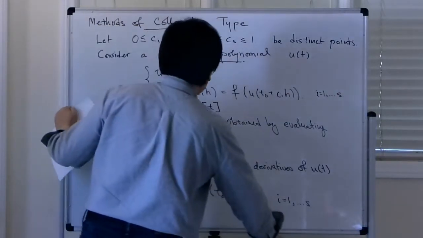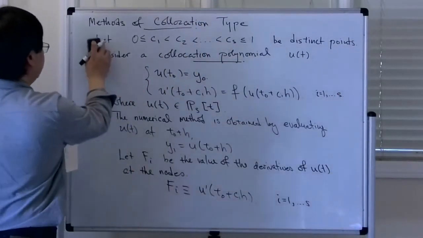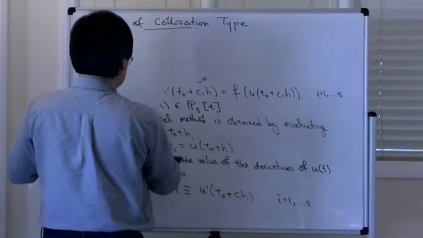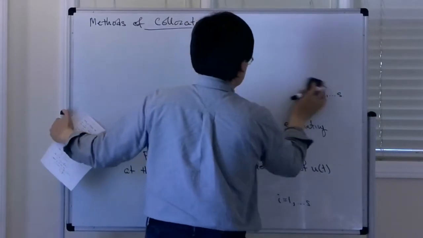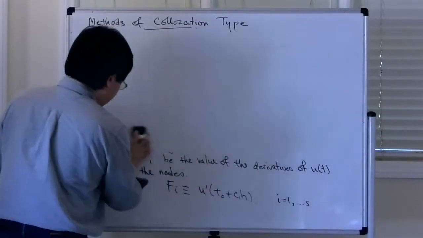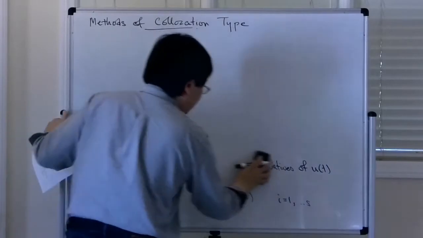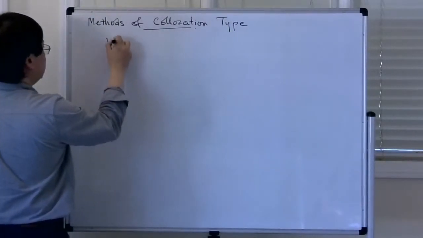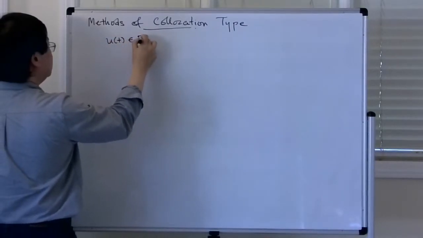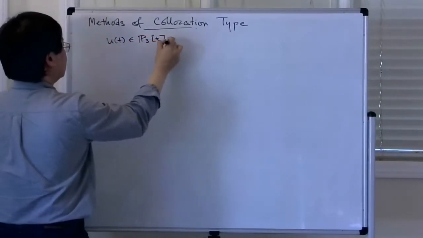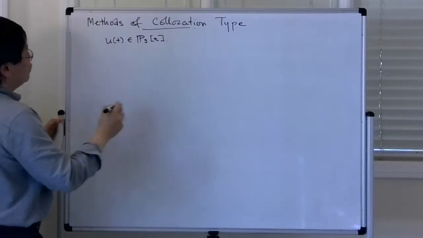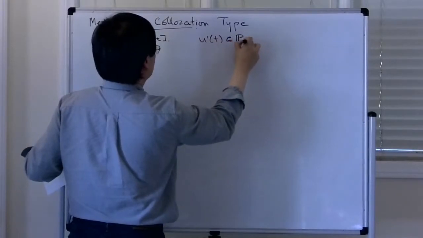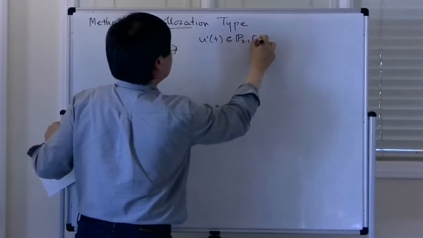All right, so let's go from there and see what happens. The basic idea is that if you have u(t), which is a polynomial of degree s in the variable t, then of course its derivative, u prime of t, is a polynomial of at most degree s minus 1 in t.